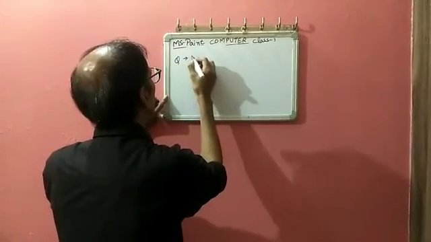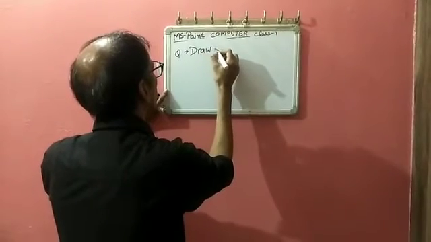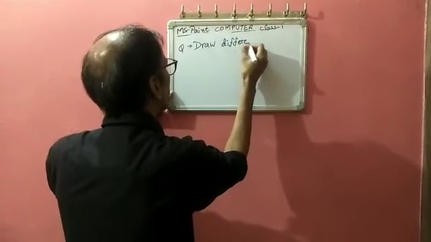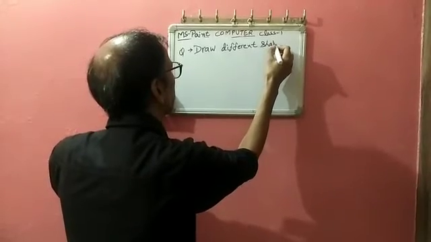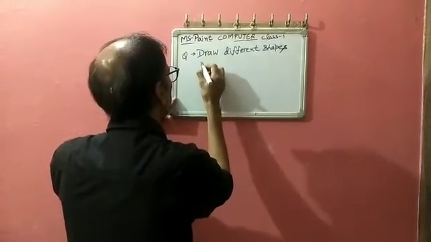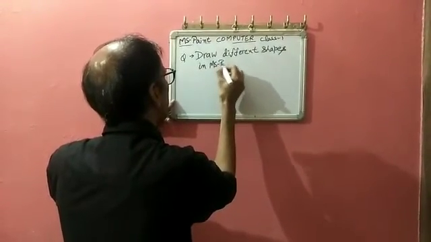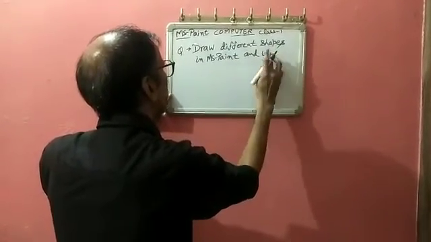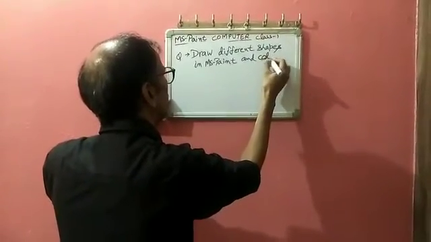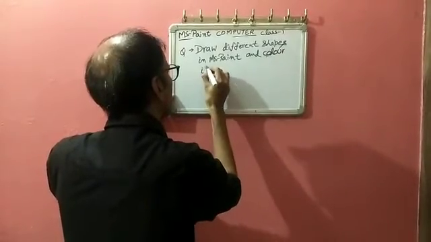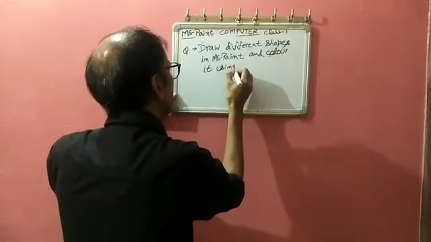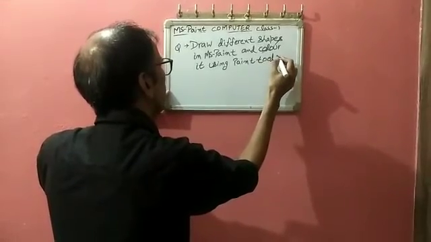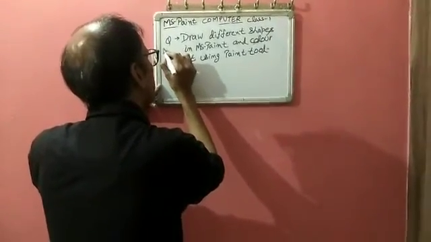The question will be: draw different shapes in MS Paint and color them using the paint tool. I know it is very easy and very interesting.